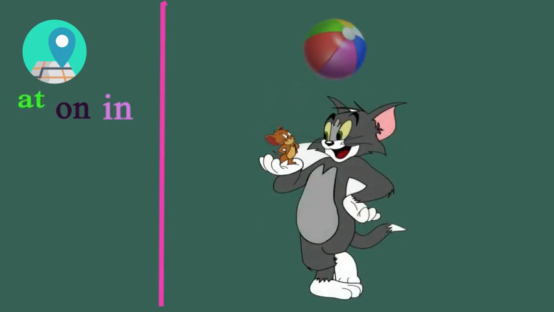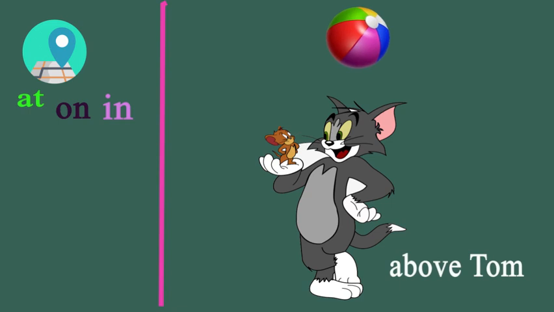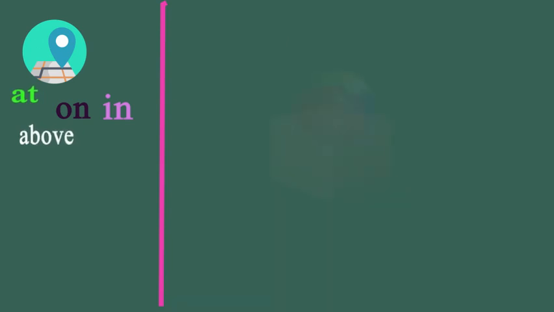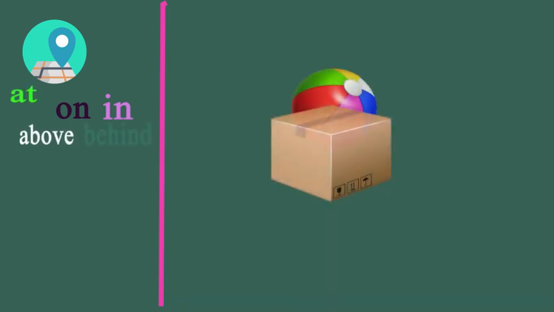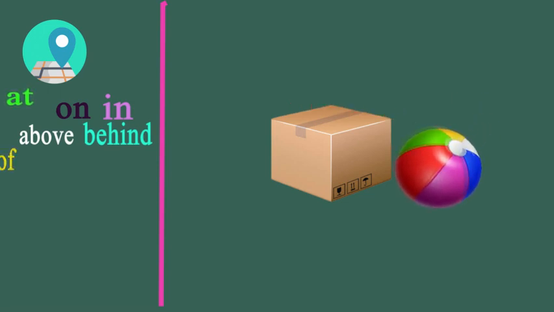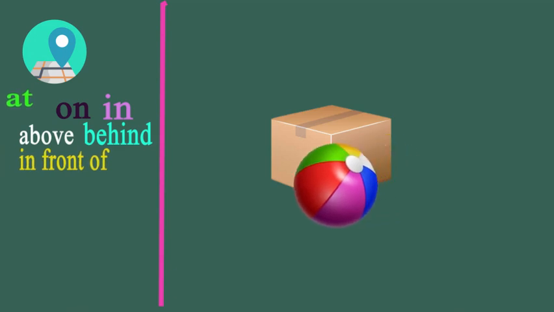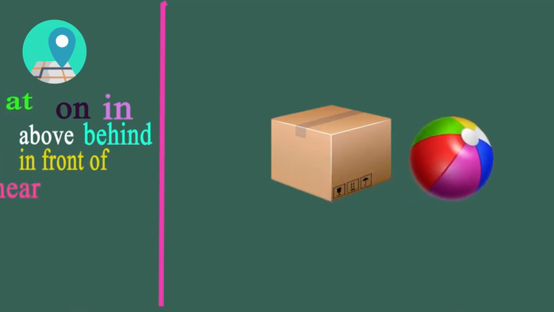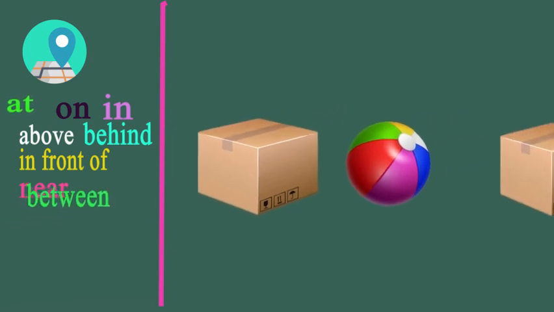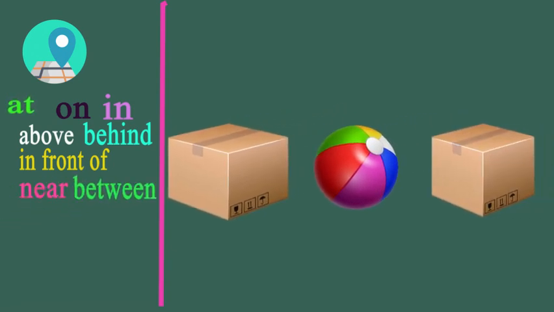The ball is above Tom. So above specifies the place, so it is a preposition. Here it is behind. It is also specifying a place. In front of, it is also specifying a place. Near, it is also the same thing, place. Between, it is also place.